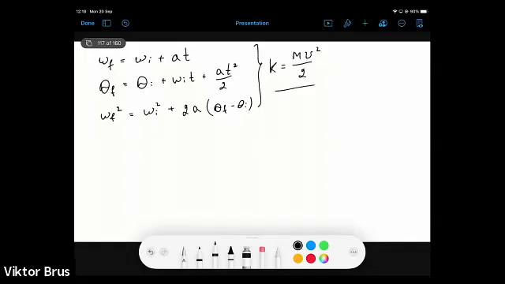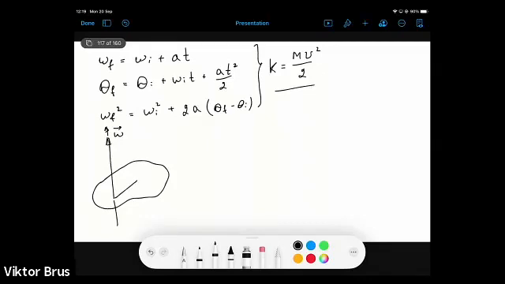So let us consider some rigid body. Then we have the axis of rotation. So here will be our angular velocity vector.